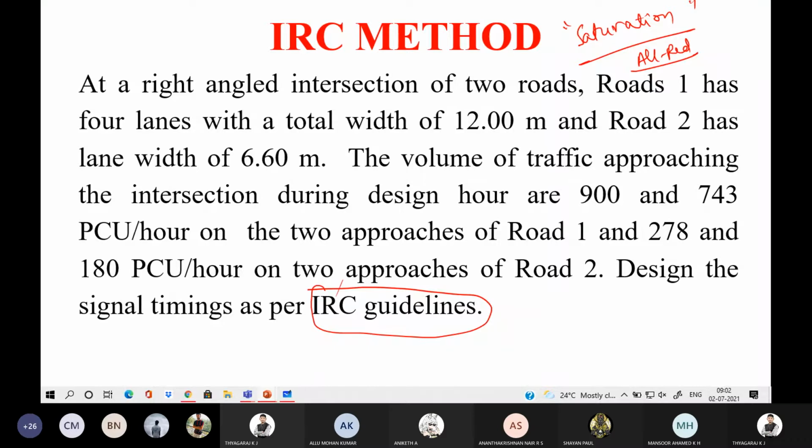Kindly tell me when it is completed so that we can go for the solution part.